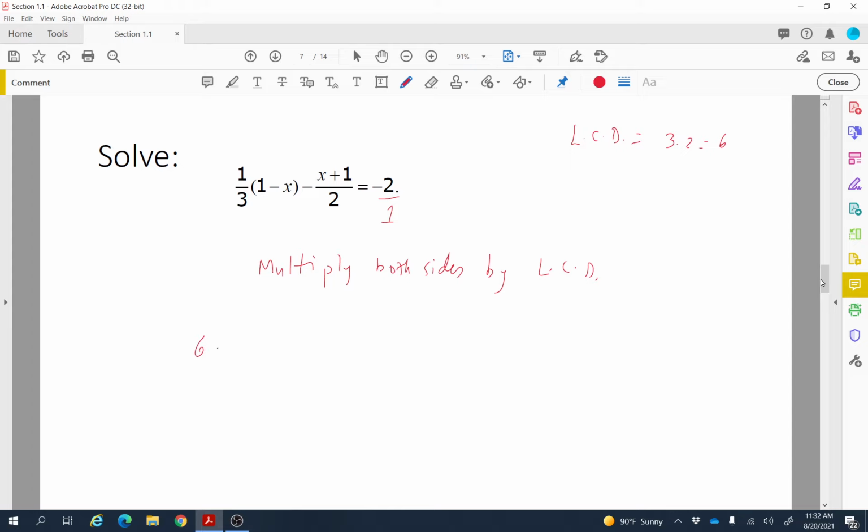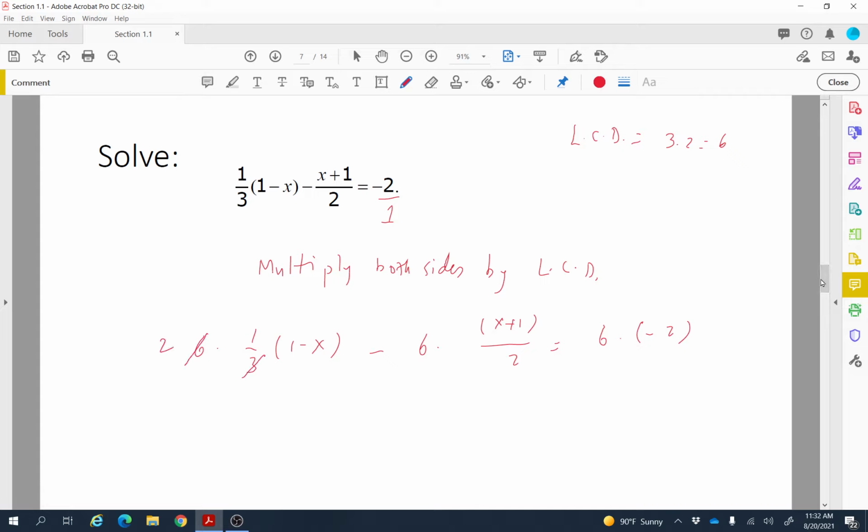So now 6 times 1/3 of 1 minus x, minus 6 times, when you multiply you have to multiply each term separately. So I'm multiplying the first term and I'm multiplying the second term, x plus 1 over 2, equals 6 times -2. By doing that I can cancel this 3 and 6.